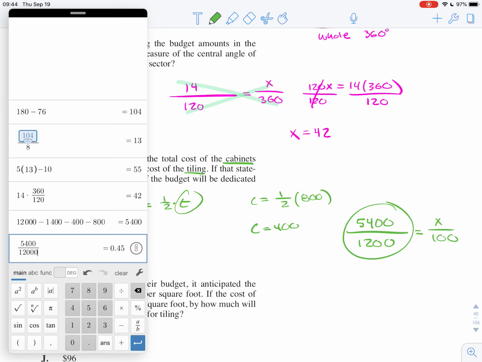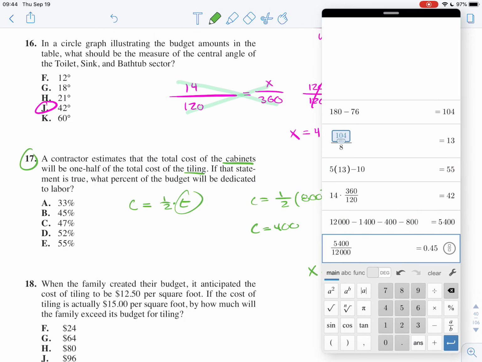Divide that by 12,000, and I'm going to get 0.45. And in this case, that just tells us x equals 0.45. Most of us can look at 0.45 and say that that's 45%. If you solve it out using the proportion, you're going to get x equals 45.